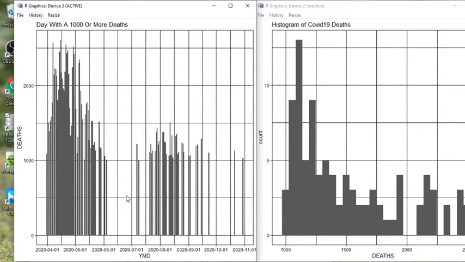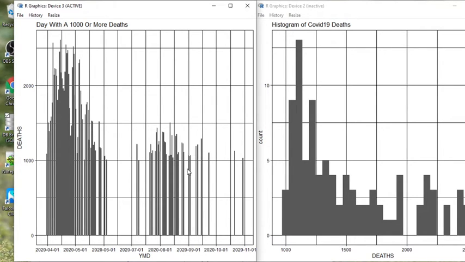The deaths began to fall. Now, of course, this could be 999 here, but that's okay. What you see here is the days in which we had 1,000 or more deaths began declining. They pick back up here in August and September a little bit, but still nothing compared to back here.